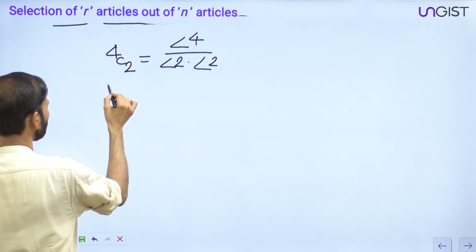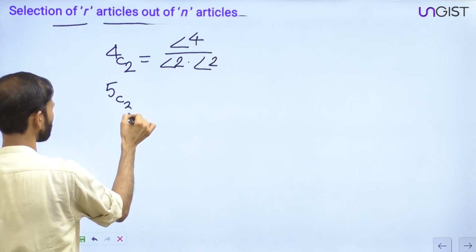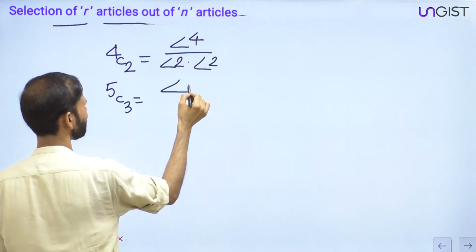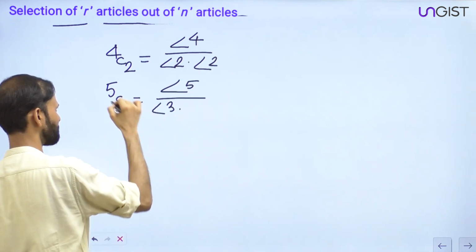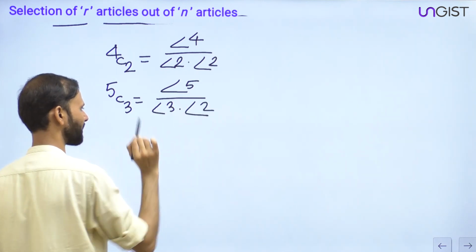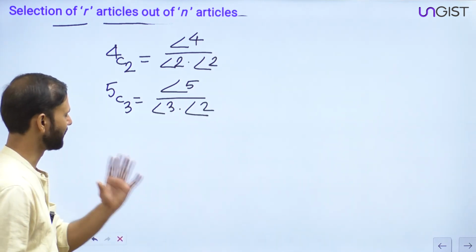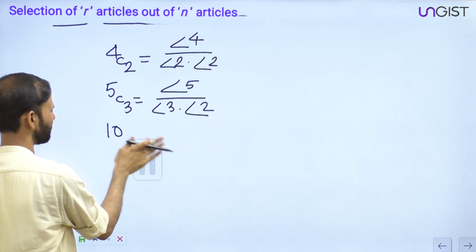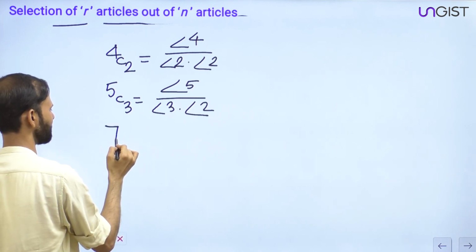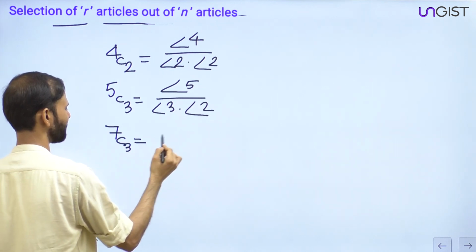Now can you tell me the value of 5C3? So 5C3 is what? Factorial 5 by factorial 3 into the difference of these two numbers, which is 2, so factorial 2. Guys, okay? Clear? Now one more. Let's say 7C3, right? So 7C3 is what?